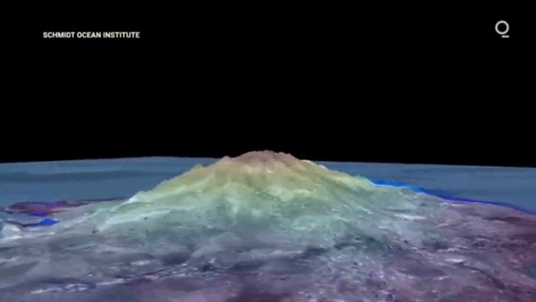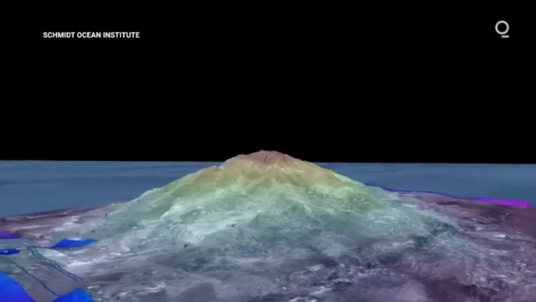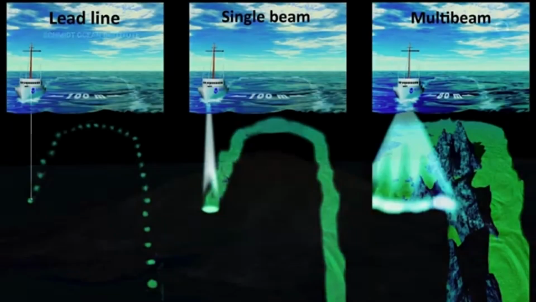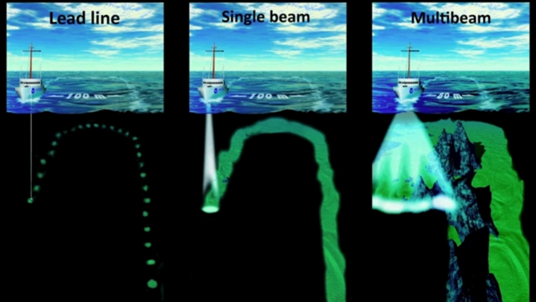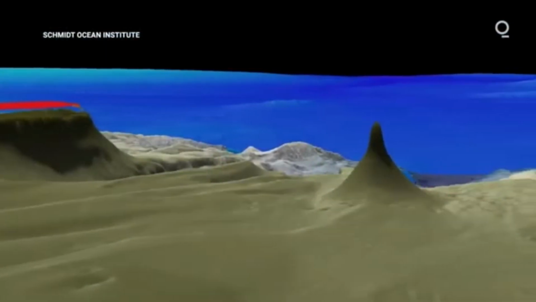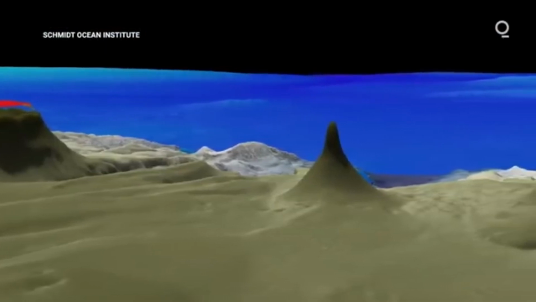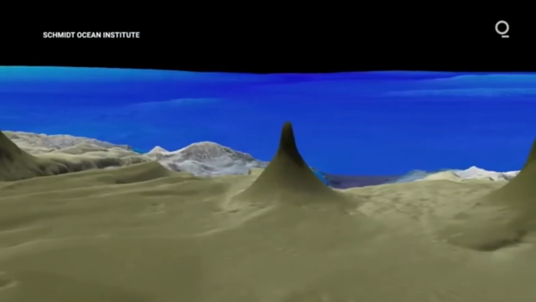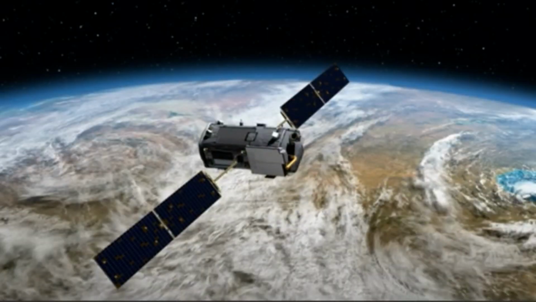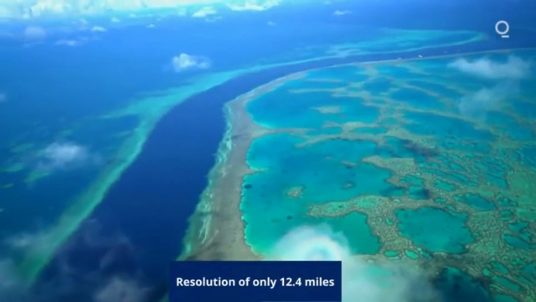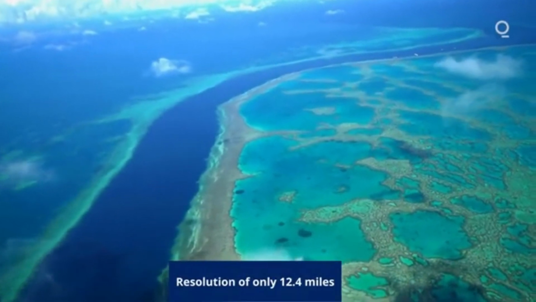Since the beginning of the 20th century, maps of the seafloor have been made by interpolating between sparse soundings, either from lead lines or single-beam echo sounders, with very limited resolution and spatial coverage. Toward the end of the 20th century, techniques were developed to estimate seafloor depth from satellite-based measurements, producing the first seafloor maps with global coverage, but with resolution of only 12.4 miles.